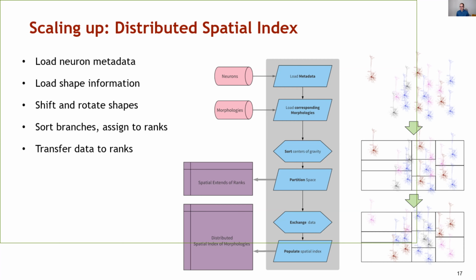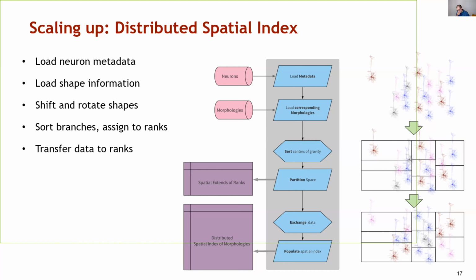Then we partition the space of the brain up such that every rank will be assigned a rectangular region of the brain of about equal density. So in this case here on the right, this is about 2 neurons. Once we've established this partitioning, we will do an all-to-all to exchange the neuron data so that every rank has the data assigned to it, and then it'll build its own spatial index of that data.